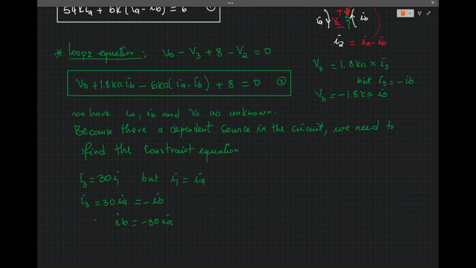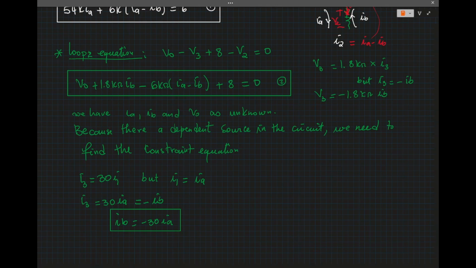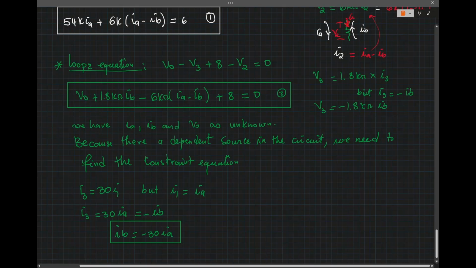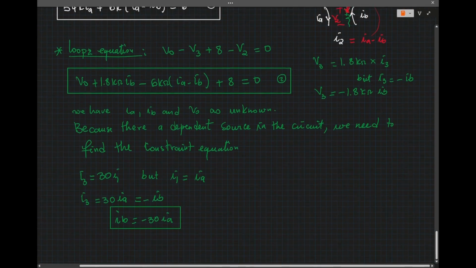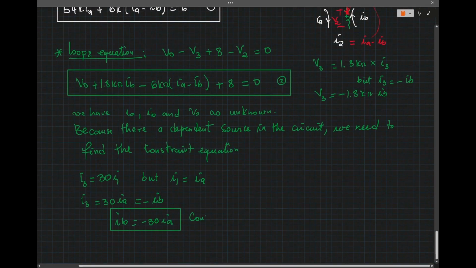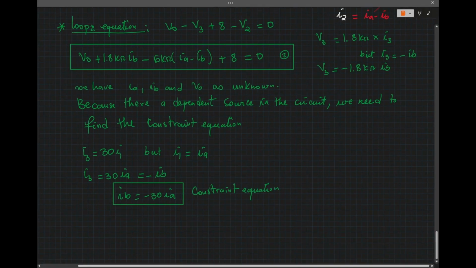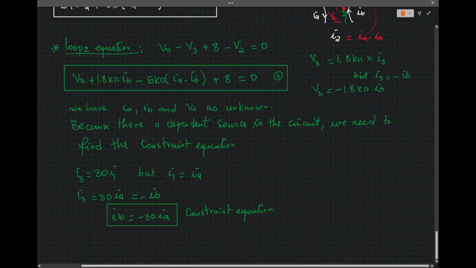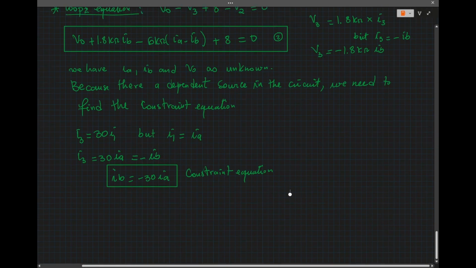We know this as well. So if I take the first equation and the constraint equation, I should be able to find IA and IB, because we only have two variables in those two equations.